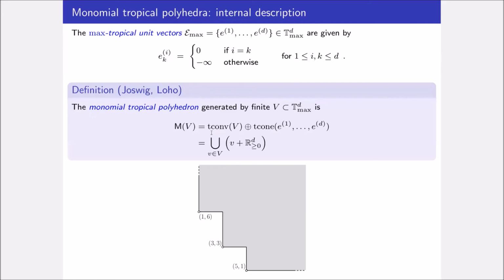So it is the tropical Minkowski sum of the tropical polytope generated by V and the tropical cone generated by the max tropical unit vectors. But from a combinatorial point of view, it has a much cleaner description. You just look at the vertices V, and to each one you attach a copy of the positive orthant, and then you take the union of these, and so you end up with a staircase picture like so.